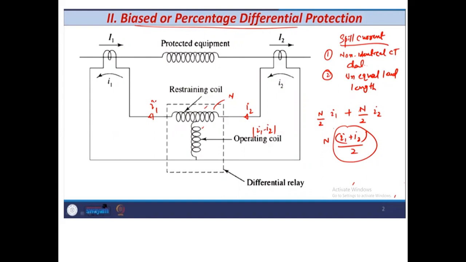So the remedy is to use the biased or percentage differential protection scheme. This is our today's topic. In the earlier case, the circulating current differential protection scheme, the relay has only one coil, as you can see in the figure.